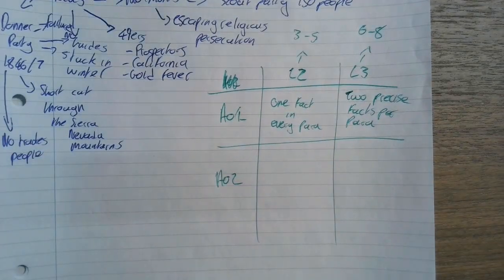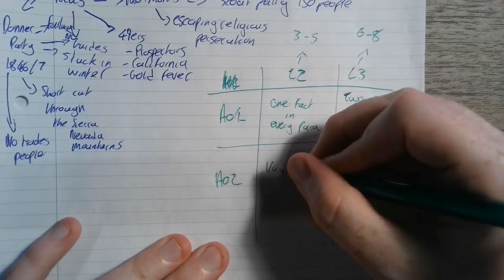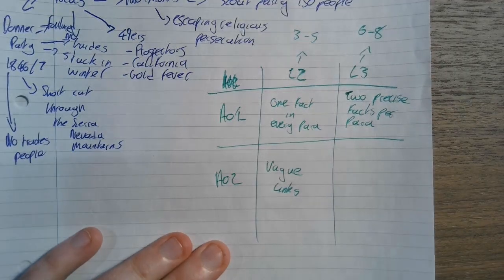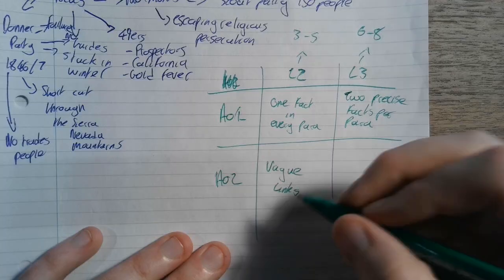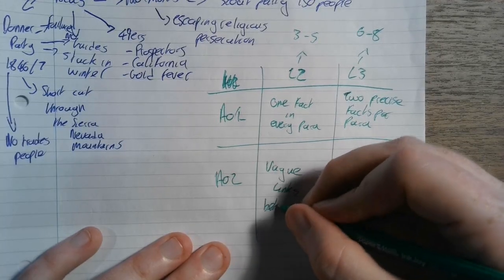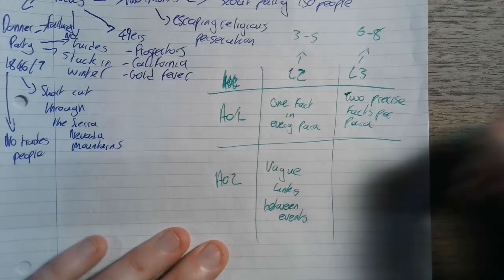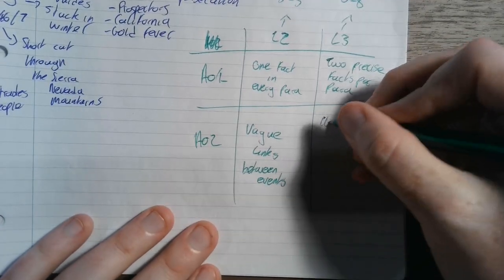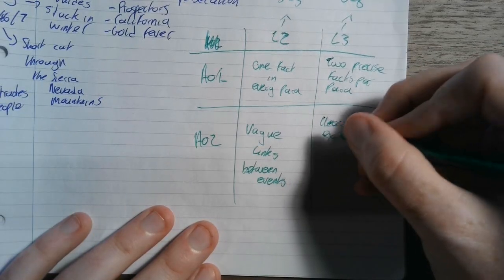In terms of your explanation for this question, you will have vague links. Alright? And I'll come back to, I was going to share something in a minute, but I'll come back to it in a moment. Vague links between events. Whereas your level 3, what you must do is you must have clear links and explanation between events.